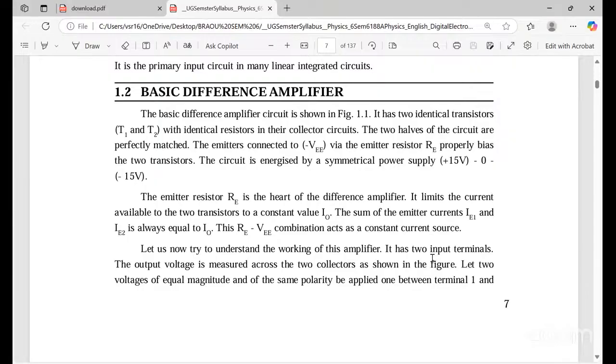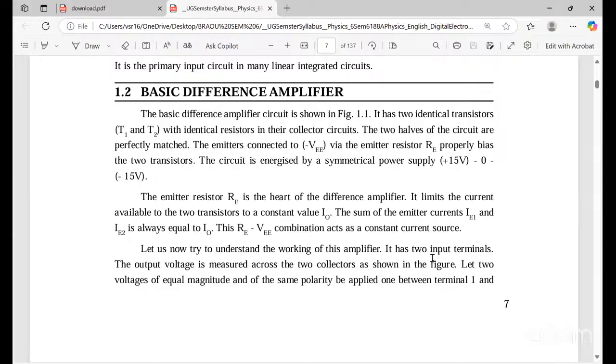In my earlier PPT, in place of T1 and T2 it was indicated as Q1 and Q2, which have identical resistors in their collector circuit. The two halves of the circuit are perfectly matched.